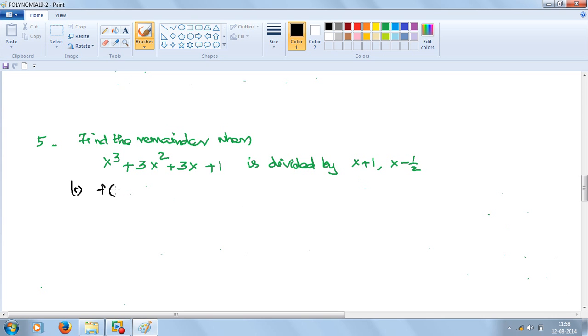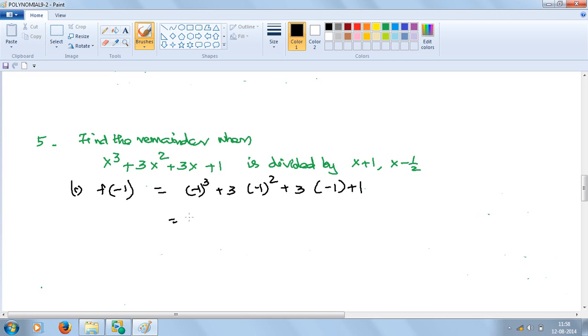When you divide by x minus a, f of minus 1 is equal to minus 1 cube plus 3 into minus 1 whole square plus 3 into minus 1 plus 1.